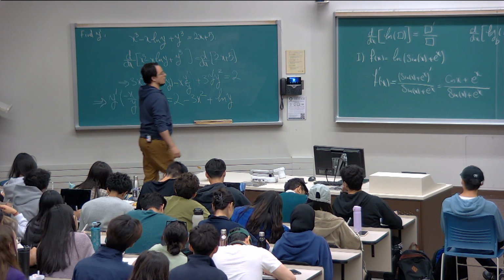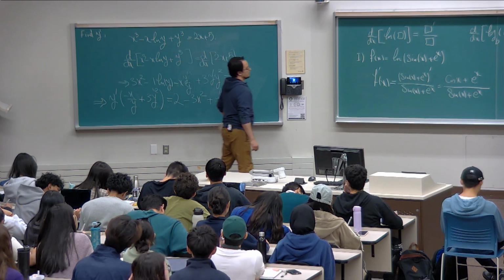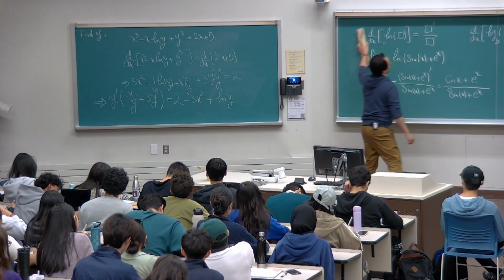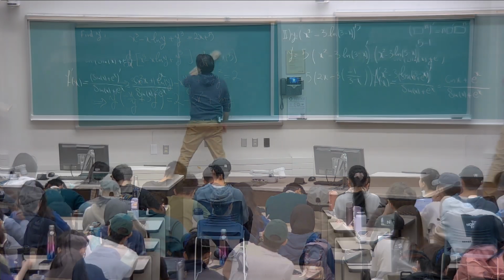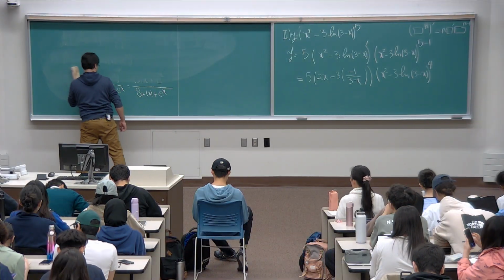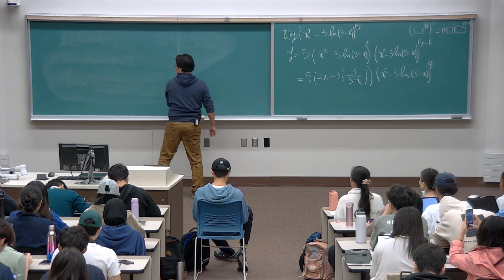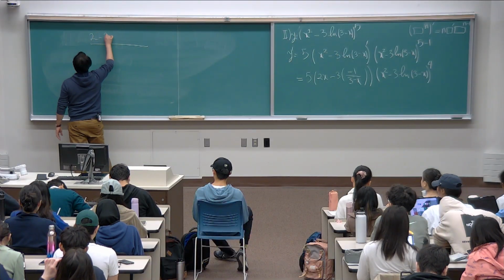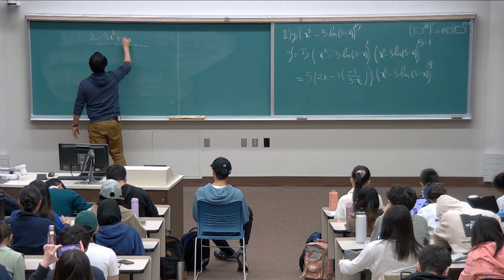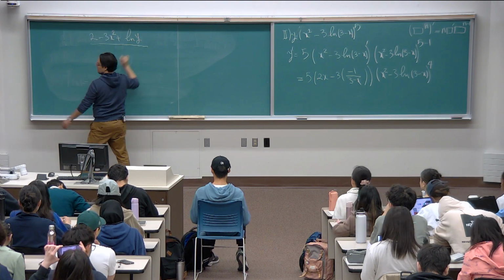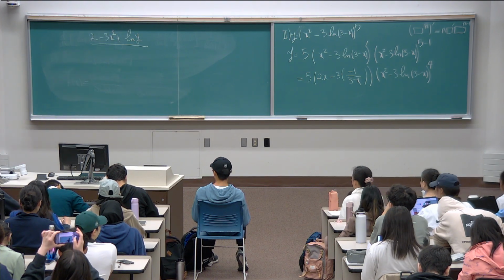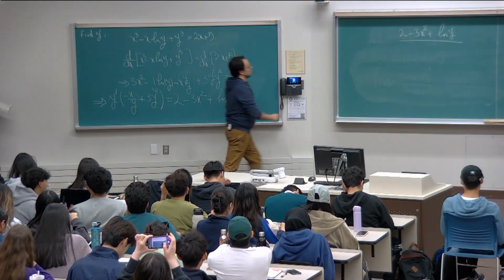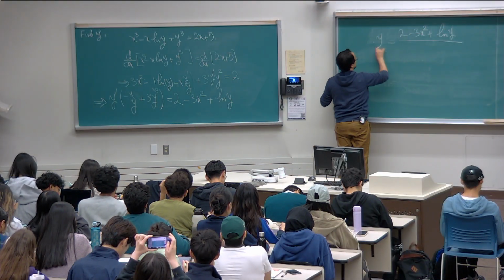And that's all I need, because the next step is basically divide the right-hand side, which was 2 minus 3x squared plus ln y, by the coefficient of y prime and find y prime.